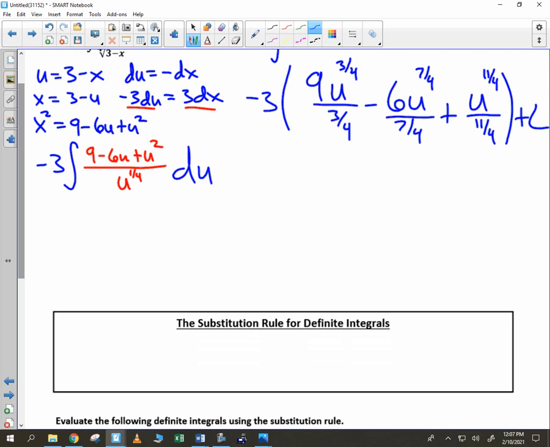Let's just polish it off. We're almost done. 3 minus x is my u. If I'm dividing by 3/4, I will multiply by 4 and divide by 3, right? So those 3's will cancel. So I get a negative 36 on top. And it's 3 minus x to the 3/4.